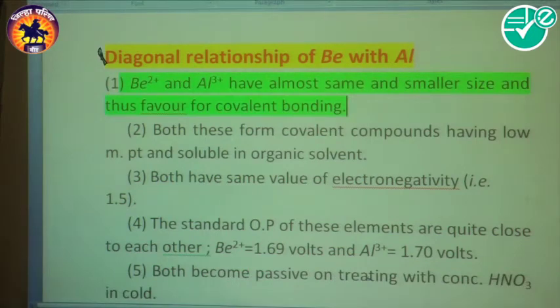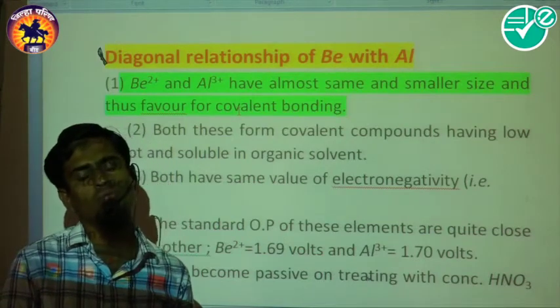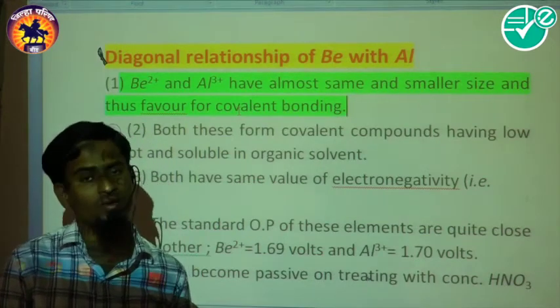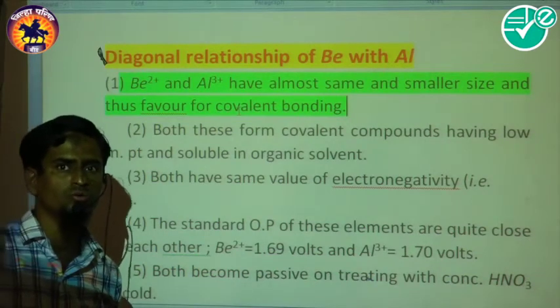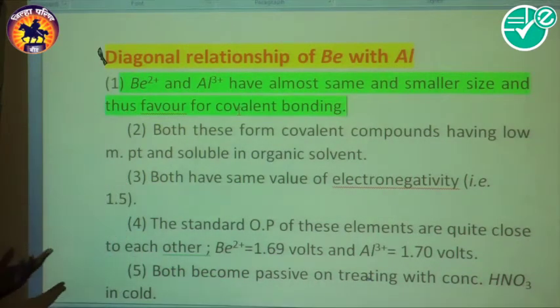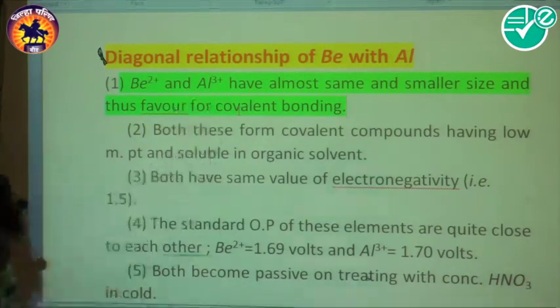Beryllium and aluminium have almost the same and small size, and thus favor covalent bonding. Because of small size, both form covalent compounds, whereas other metals form ionic compounds. This phenomenon is explained on the basis of Fajan's rule.